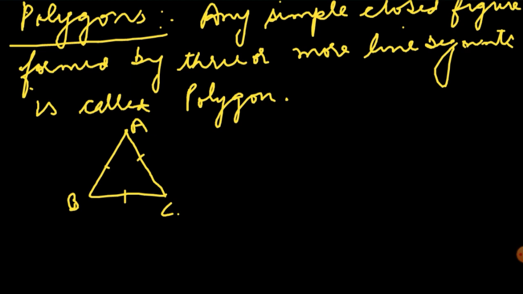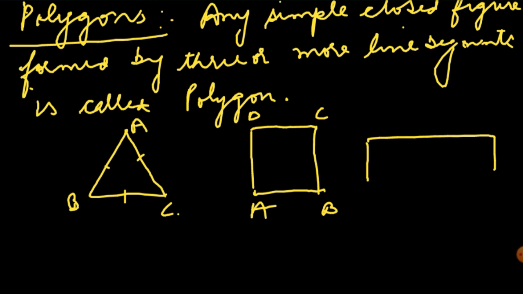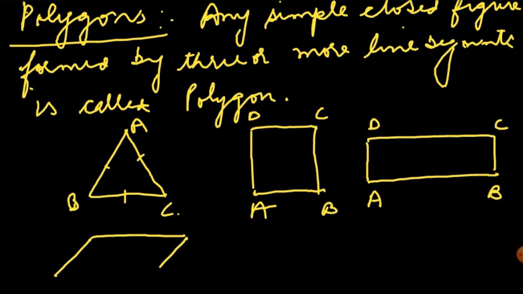We can draw so many others. This one is square, A, B, C, D. Now this one is rectangle, A, B, C, D. If I draw this figure, now see in this figure, the opposite lines are parallel to each other and they are equal in side.